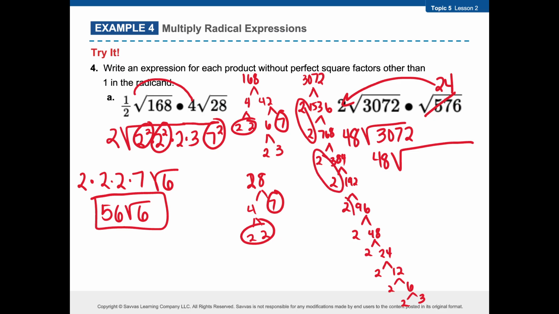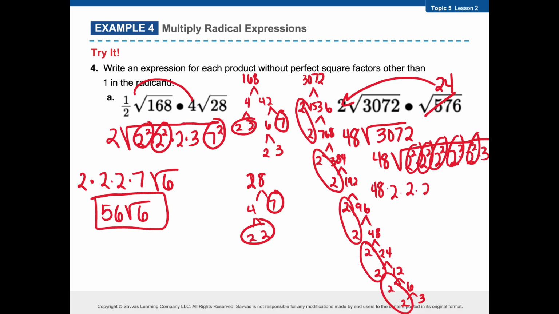So 1, 2, 3, 4, 5 pairs of 2s, and a lonely 3 stays inside. 2 to the 5th power is 32.